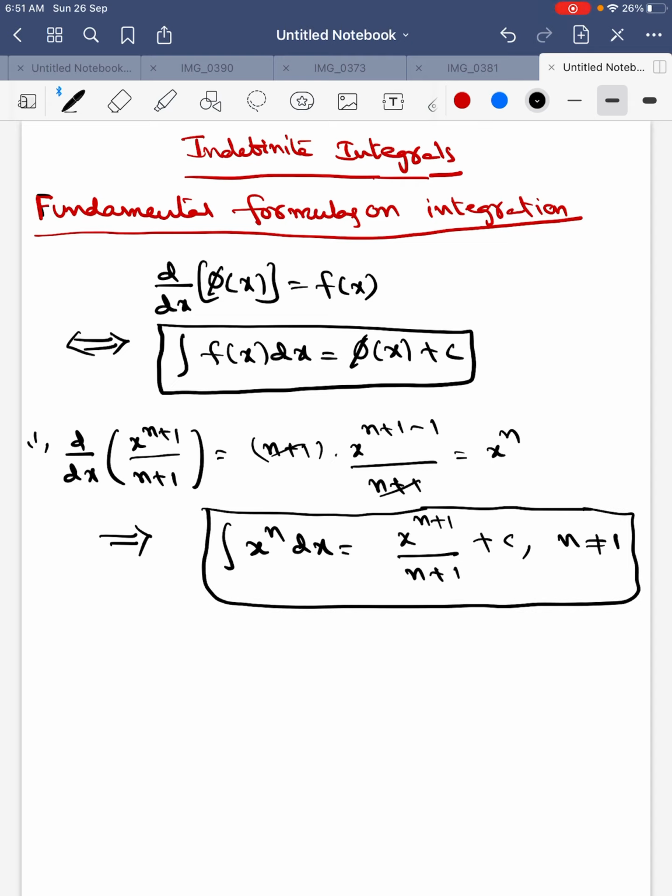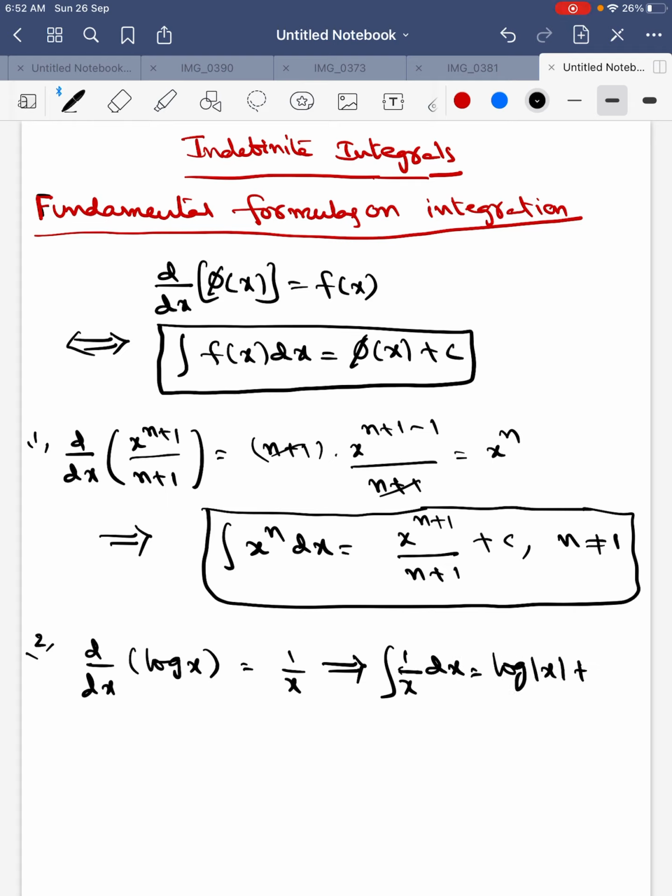Next, d by dx of log x is equal to 1 by x. That implies integral 1 by x dx is equal to log mod x plus c. d by dx of e power x. We know the derivative of e power x is equal to e power x.